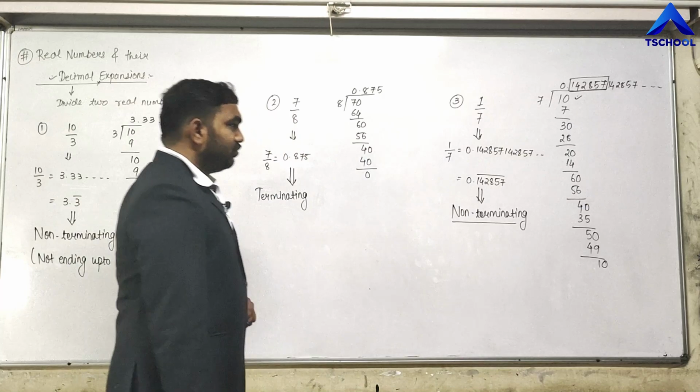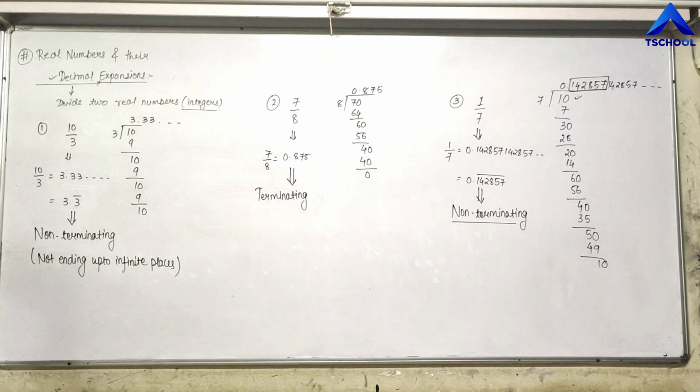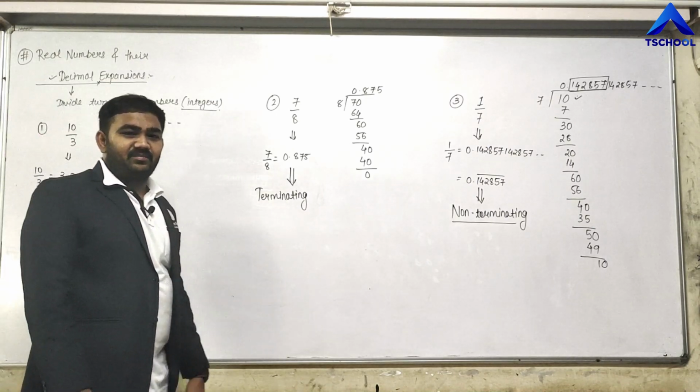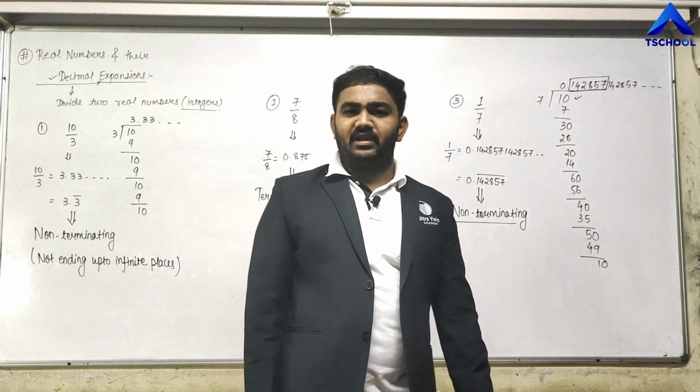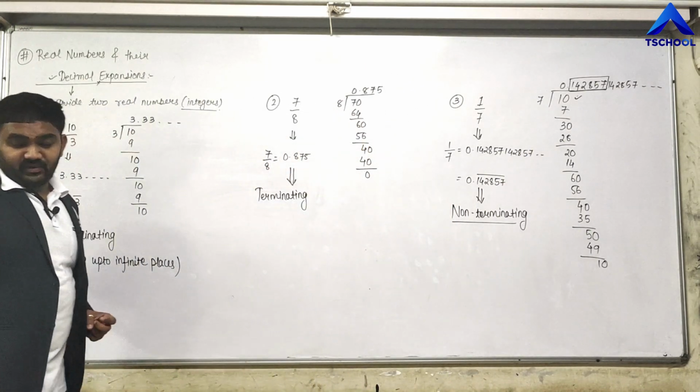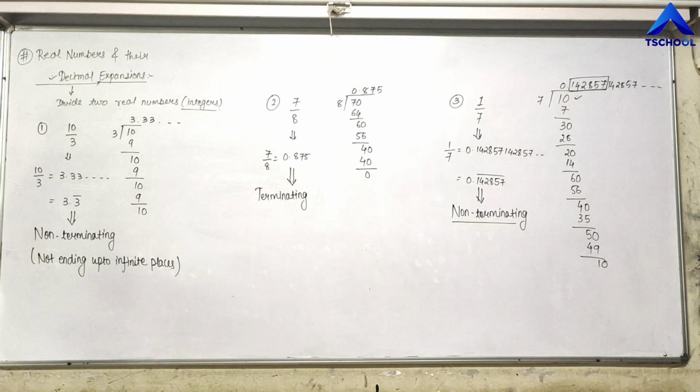So what does this show? When the remainder is not getting 0 anywhere, the number will be a non-terminating number, and when the remainder is getting 0, this becomes a terminating decimal number.